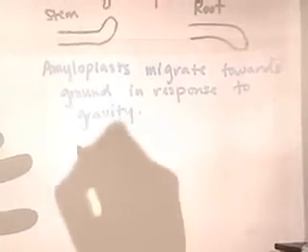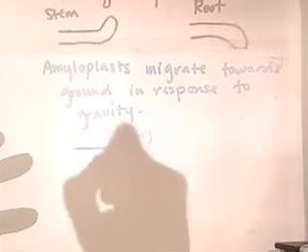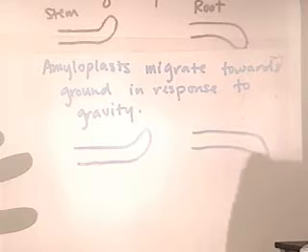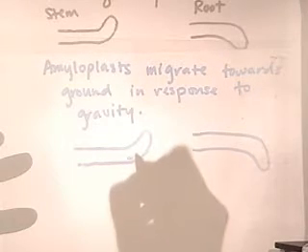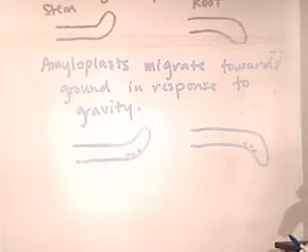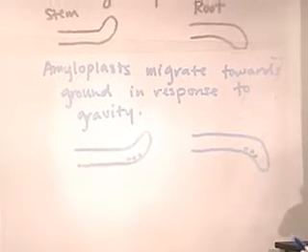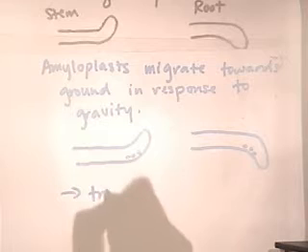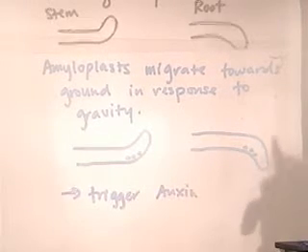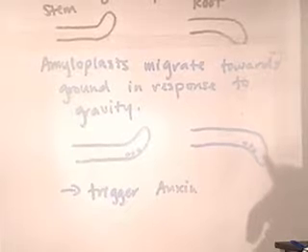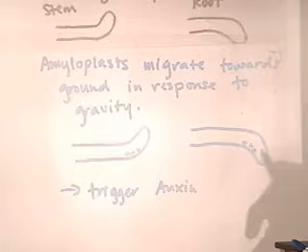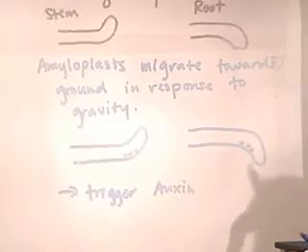So basically you've got now, let's say in our two different samples here, your amyloplasts are all down here. They're being weighted down by gravity. They actually trigger auxin to be released at that location where they are, because it's thought that they press on the endoplasmic reticulum, makes the endoplasmic reticulum release some ions, and that triggers auxin to be released as well.